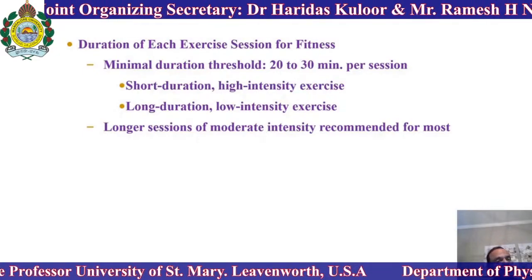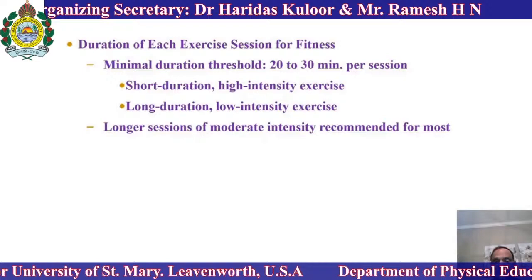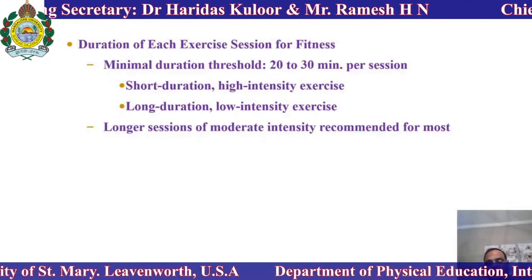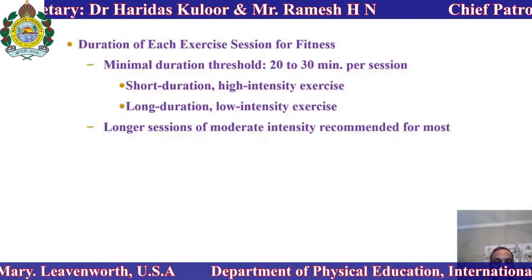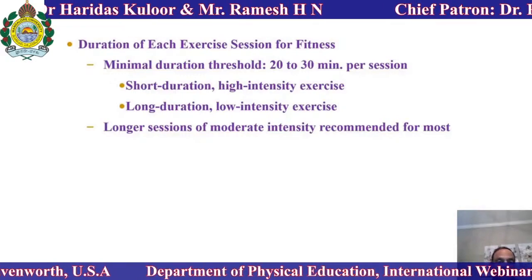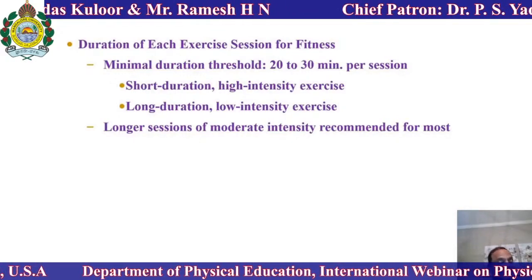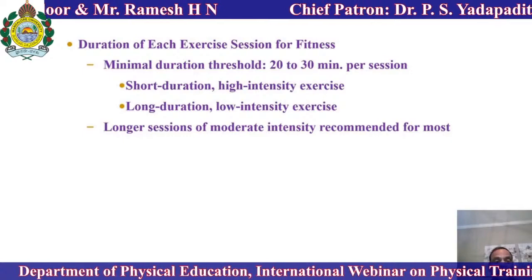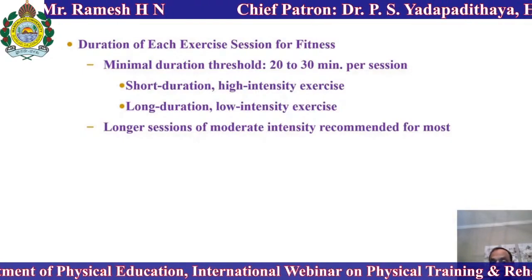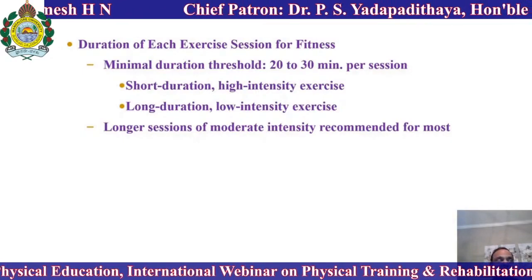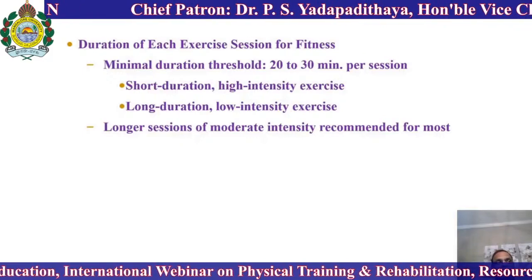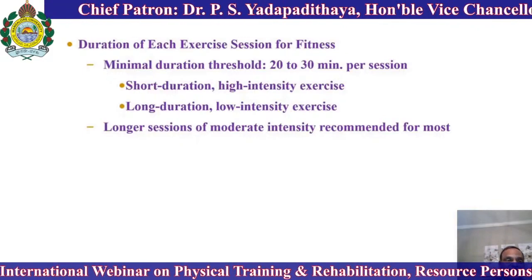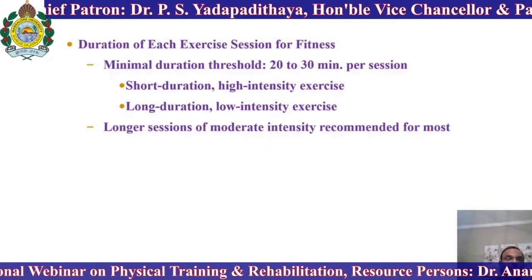It may involve short duration, high intensity activities so that you can improve both your anaerobic and aerobic metabolism. Long duration, low intensity exercise I mentioned to you earlier. Longer sessions of moderate intensity are recommended for most. That means you're trying to improve your aerobic fitness compared with the anaerobic fitness.